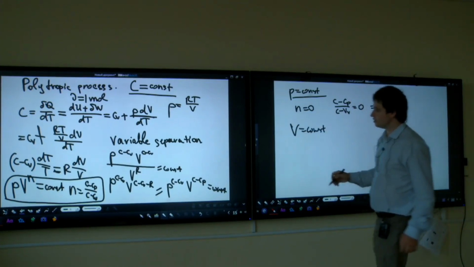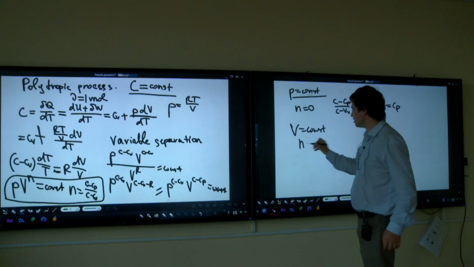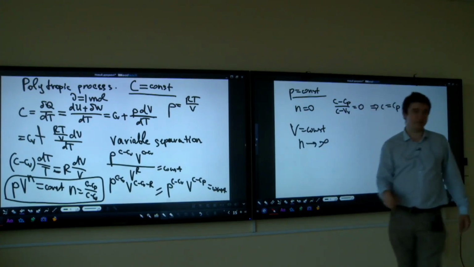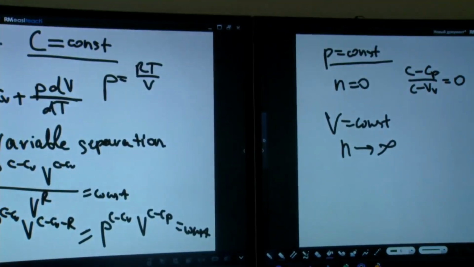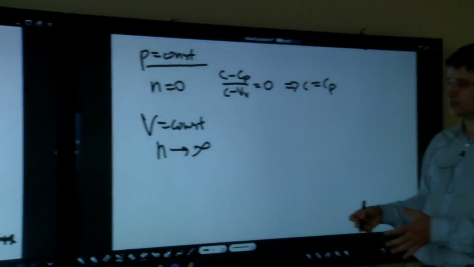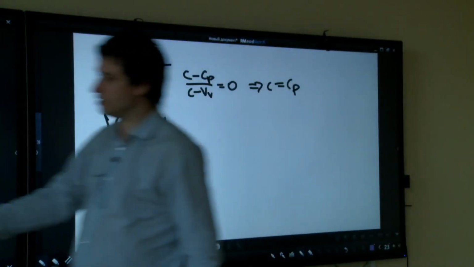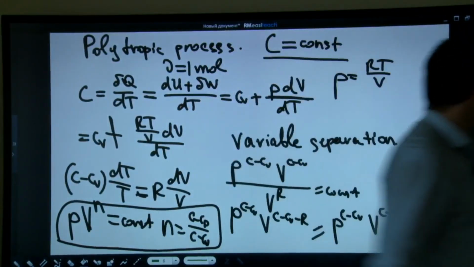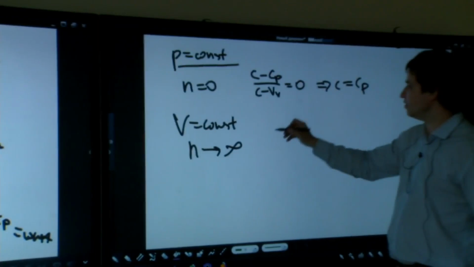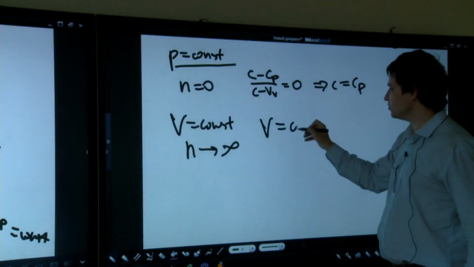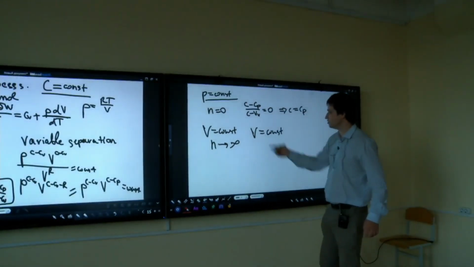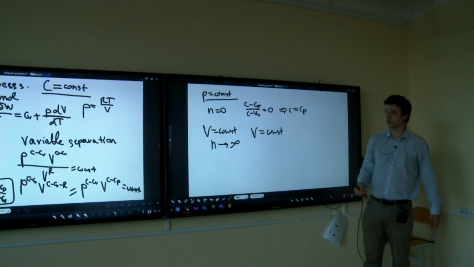That's the other case. We take n approaching infinity. When n goes to infinity, that means the constant is essentially independent of pressure, so we specify that volume is constant.